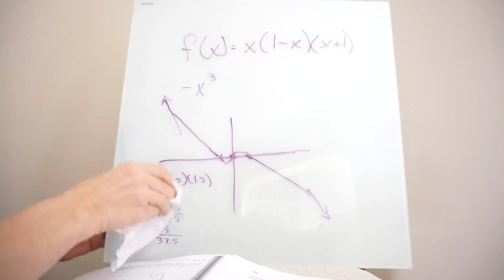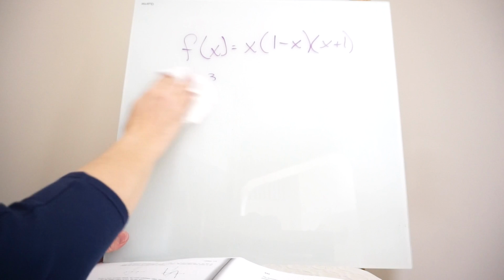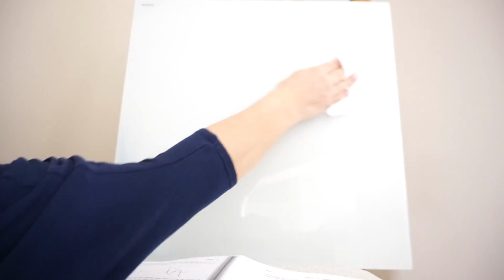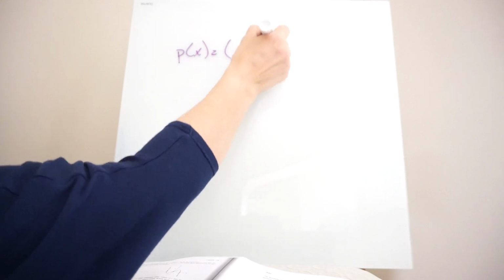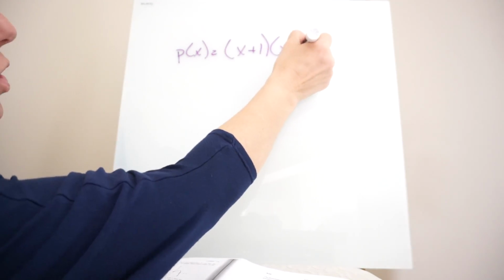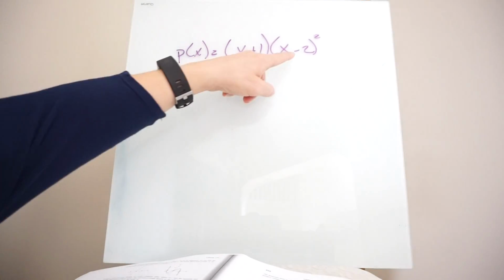All right, this next one, we're going to learn one more key factor in graphing these. Example 114.2 says to graph this. What do we have? We have x plus 1, and then we have x minus 2 squared.